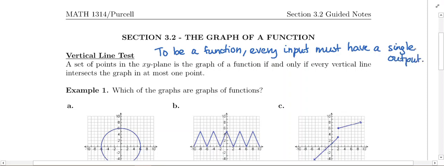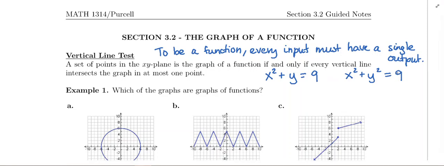Also, we talked about if you were given an equation, so maybe something like x squared plus y is equal to 9 versus x squared plus y squared is equal to 9. Based on an equation, if you're just looking at the equation and not the graph, you can decipher whether or not the equation represents a function.